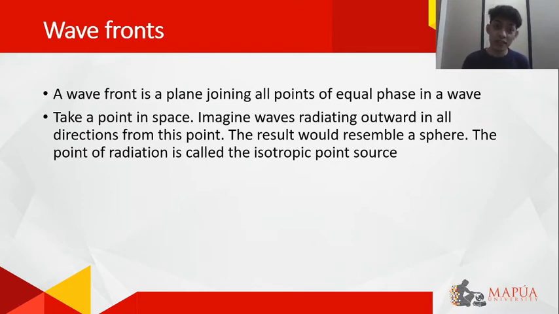A wavefront is a plane joining all points of equal phase in a wave. When we take a point in space, imagine waves radiating outward in all directions from this point. The result would resemble a sphere. The point of radiation is called the isotropic point source.